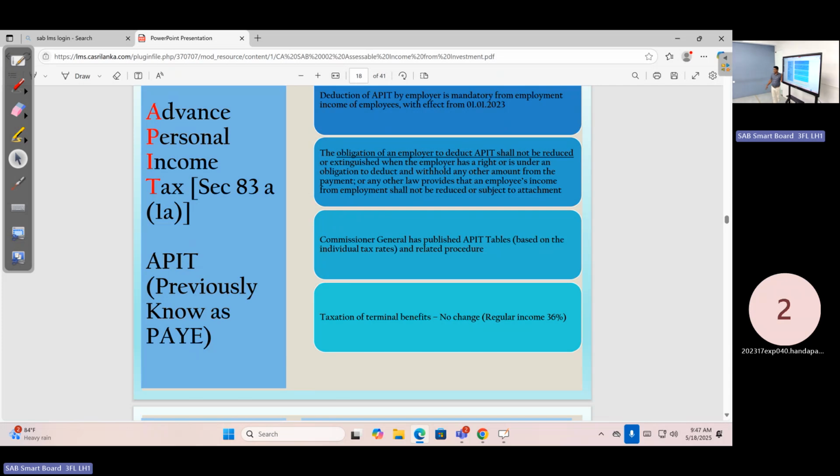So most of the income is tax exempt, and the other part is taxed at a concessional rate. Up to 10 million, tax is 0. Next 10 million, tax is 6. The balance is taxed at 12. Based on that, the table has been designed. Employment income we discussed earlier.